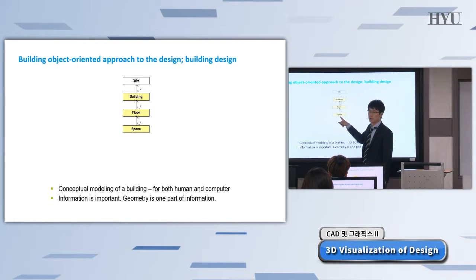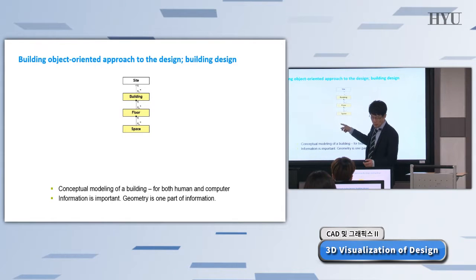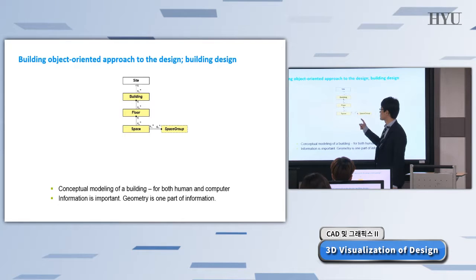How about space? One floor has one or many spaces, okay? That is another composition, another relationship. How about space group? In this case, one or many spaces can have, or vice versa, zero or many space groups. How about this space? This is 504 computer lab.